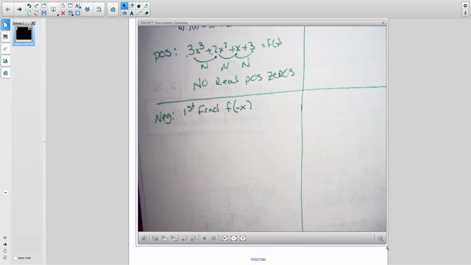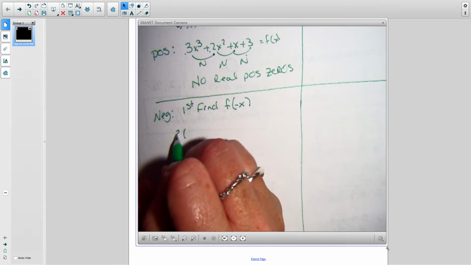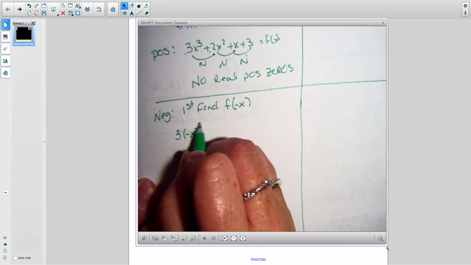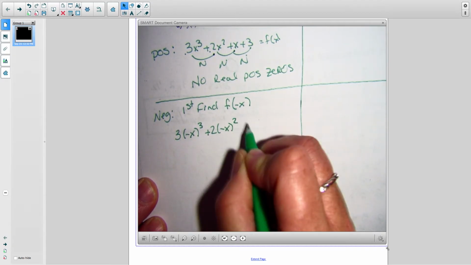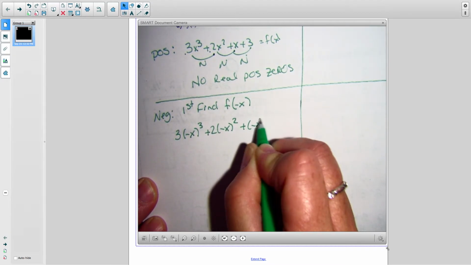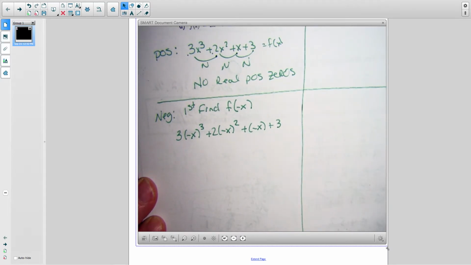B is where the work comes in. First, we need to find f of negative x. That means I have to plug in negative x. Where will the signs change here? Well, that's going to be 3 times negative x cubed plus 2 times negative x squared plus negative x plus 3.